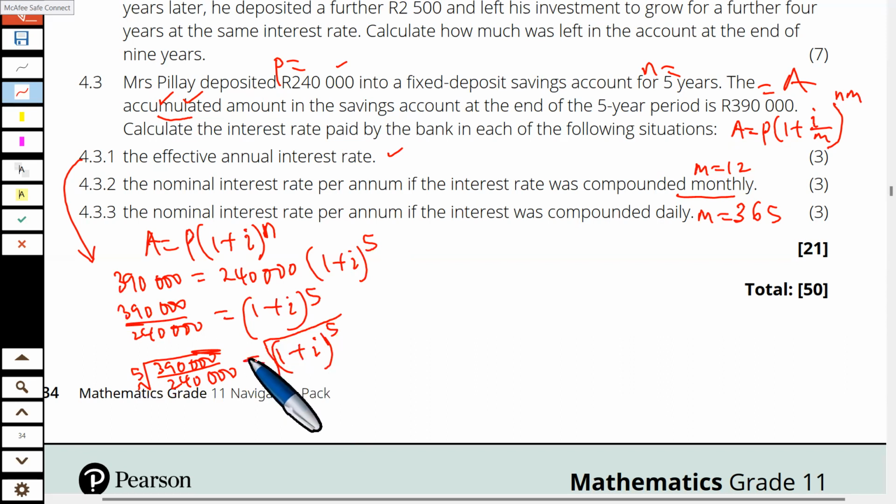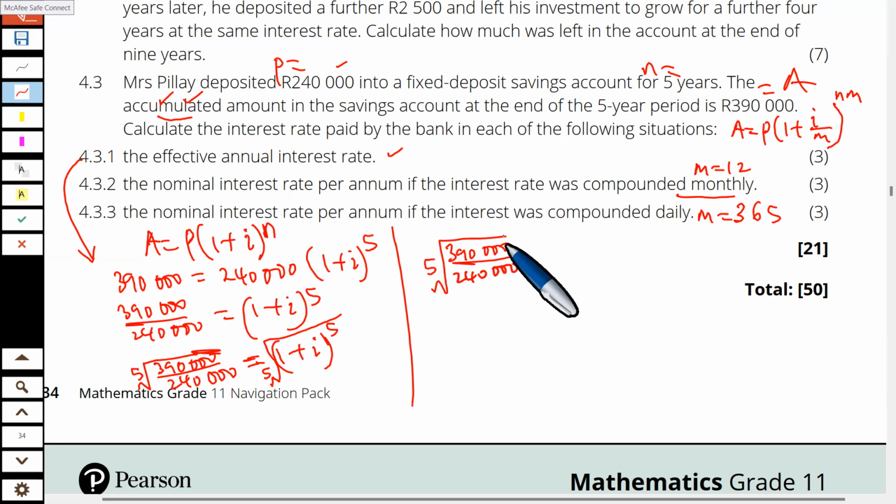So you have this, which is 390 over 240, which is 1 plus i. So now you just take things here. So you minus 1. So you have 390, 240.